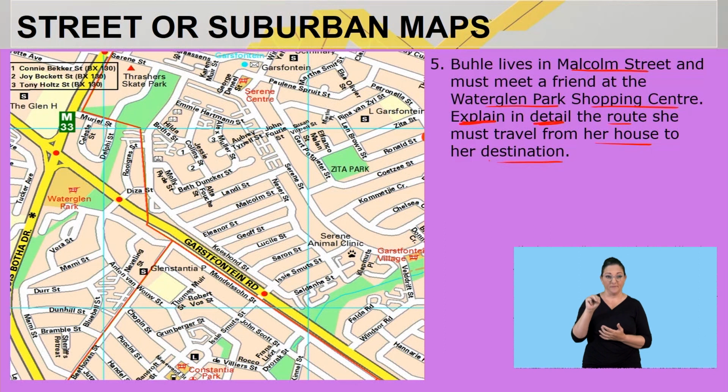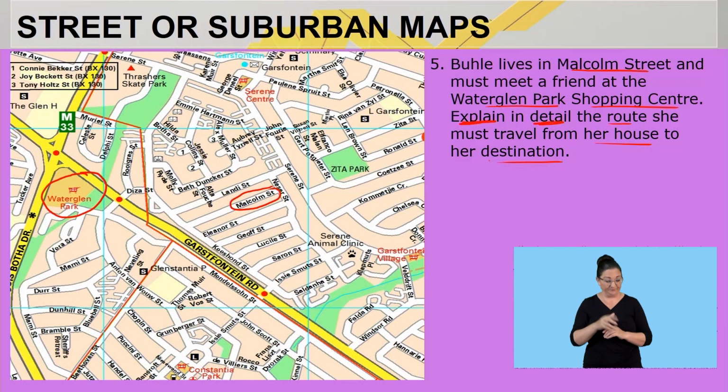I know this is Malcolm Street here. This is where Boertle lives. Now she must meet a friend at the Water Glen Park shopping center. Remember we indicated here that this is the Water Glen Park shopping center. So from her house to the center, we must give a detailed explanation of the route she must be traveling. It's always important to understand the question.